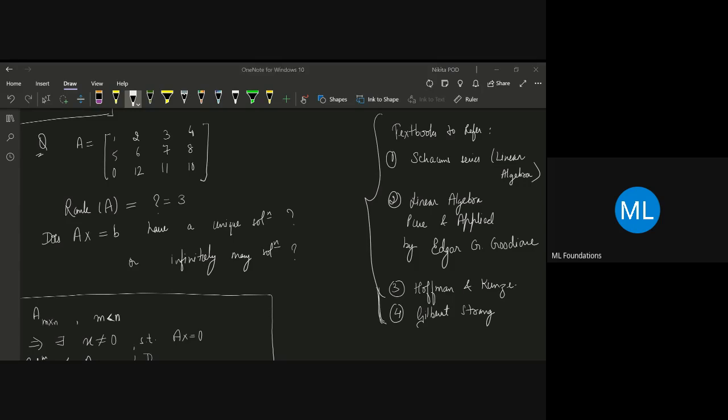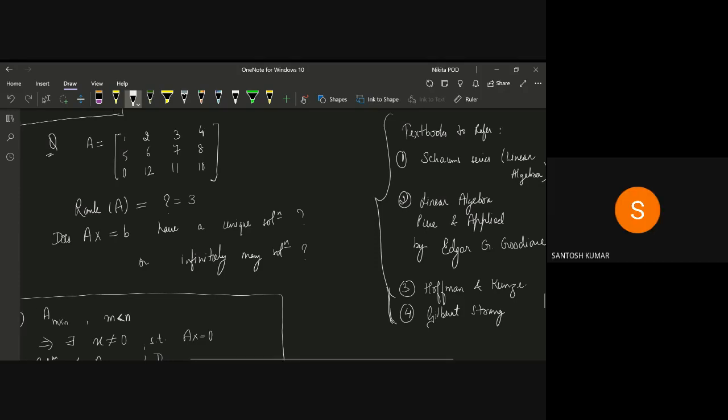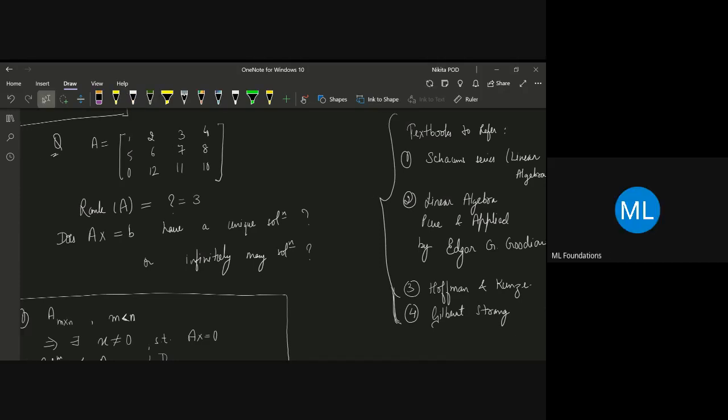What would be the answer for this? Infinitely many solutions, right? Because you have one free variable in the matrix. So this will be the answer.